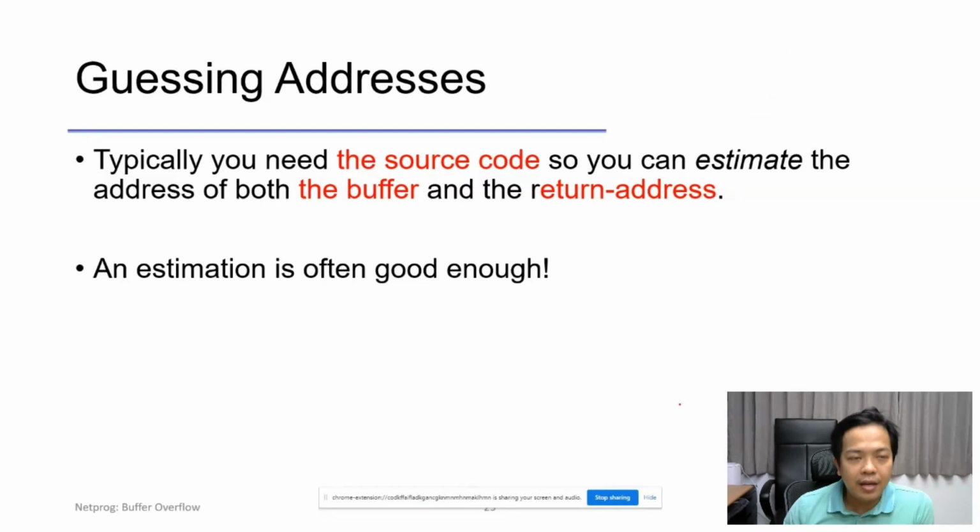So the hacker has one technique related to getting the address. Actually, I will say guessing the address is lucky, because currently the Windows system or the Linux system supports a kind of randomization.